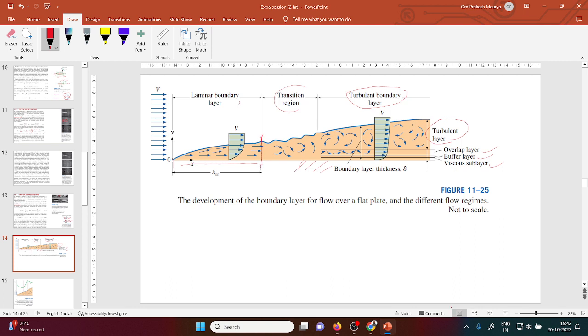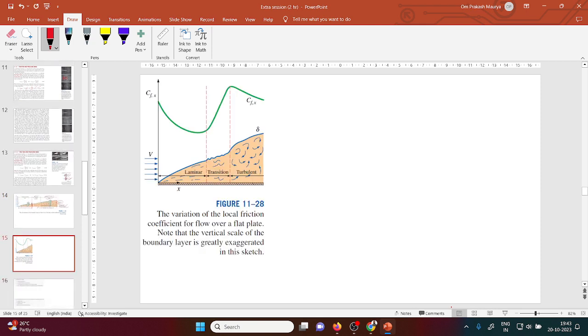This is the critical location. Where the laminar boundary layer ends, at that location we can consider the critical section. Why this critical location is important, you will see in the coming slides. Here also, you see how the friction coefficient varies with the boundary layer.